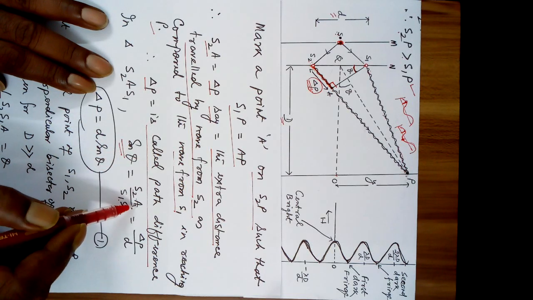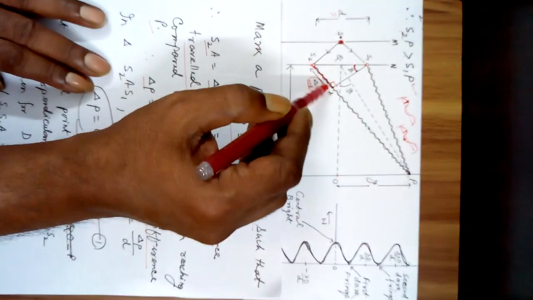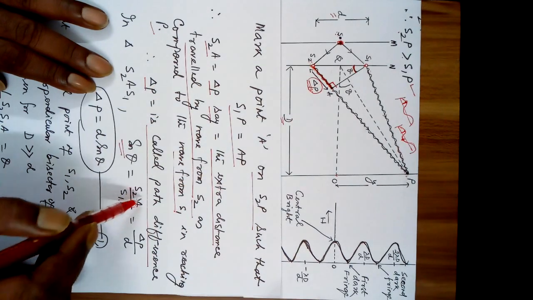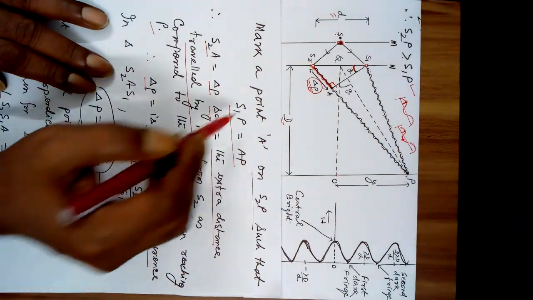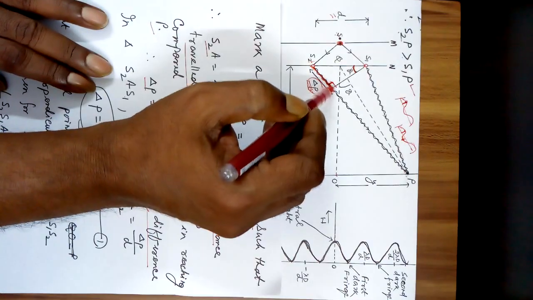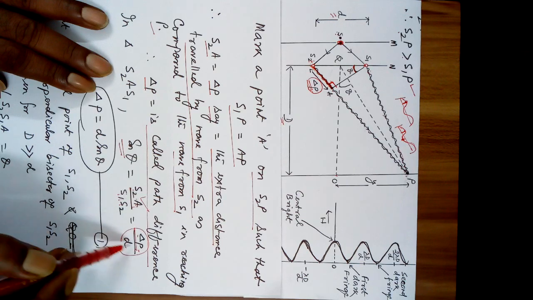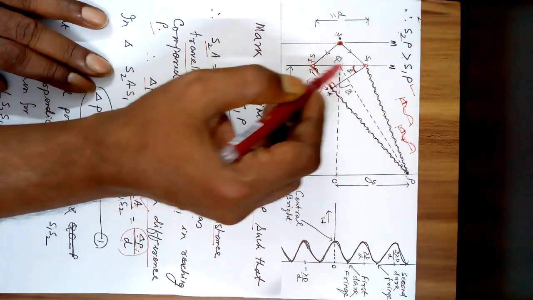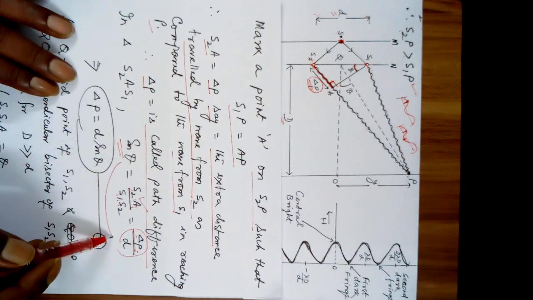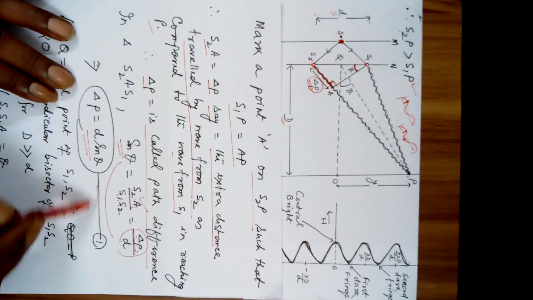That is equal to S2A over S1S2, because this side is opposite to the 90 degrees, so it is the hypotenuse. That is the same thing as delta P over D, because from here to here is D. Now by cross multiplying, I get delta P is equal to D sine theta. I'll make it equation 1.